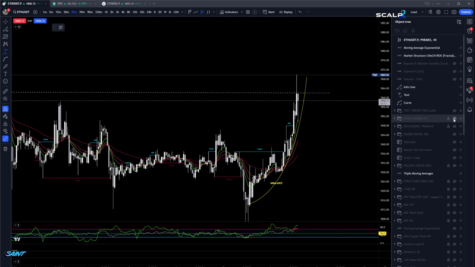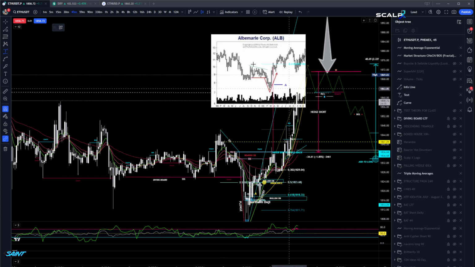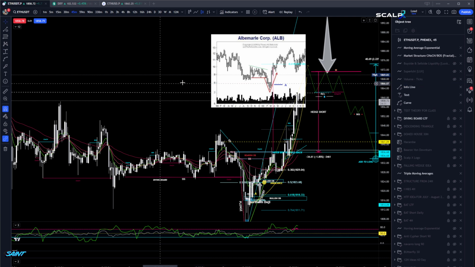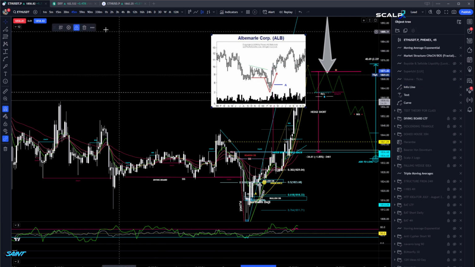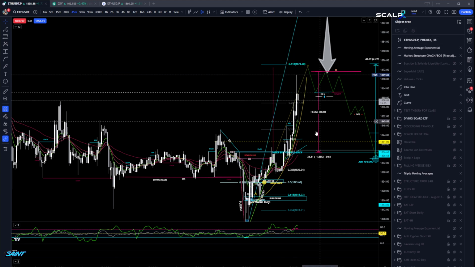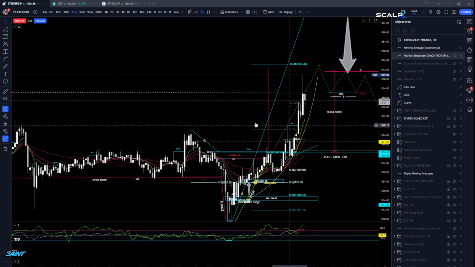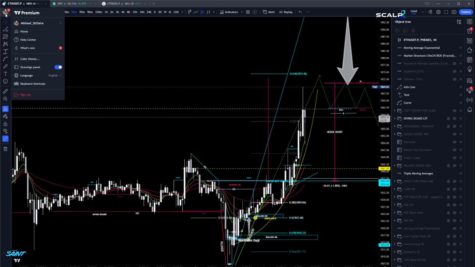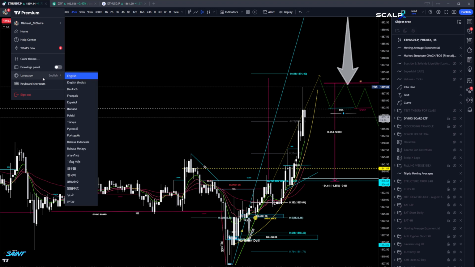I did it on the diving board. Yeah, it was on the diving board. Whoops. I just wish they gave you command keys to hide one specific item versus hiding everything. My only gripe with TradingView.